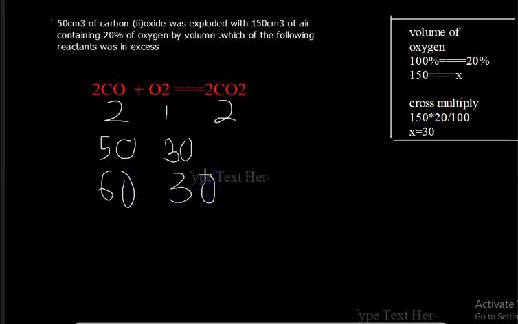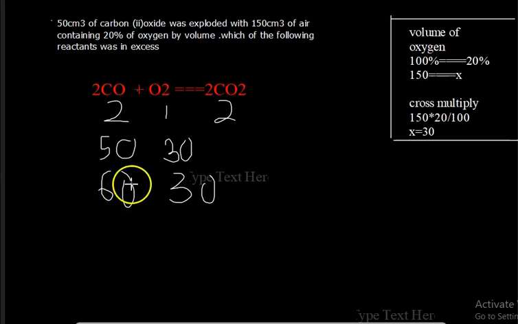Why did this happen? You are taking 30 that was under 1 mole to 2 moles, which means you are multiplying by 2. While if you are taking 50 that was under 2 moles to 1 mole, it means you are dividing by 2. Now if you check, can 50 minus 60 be done? No, that cannot happen.